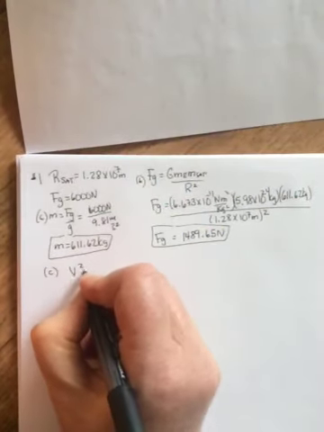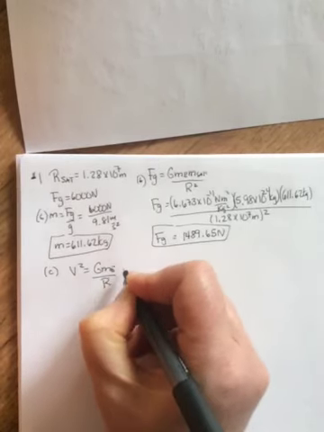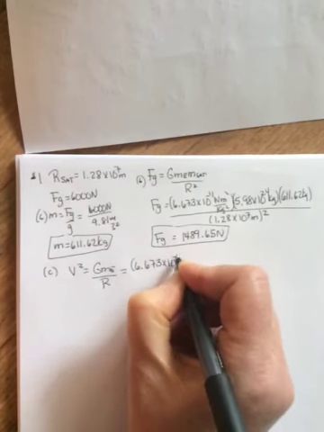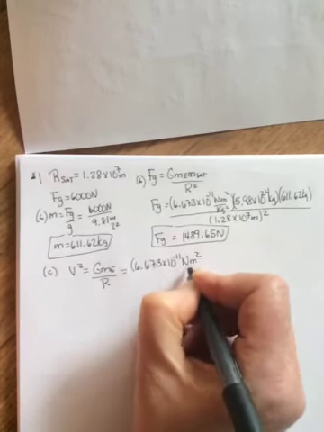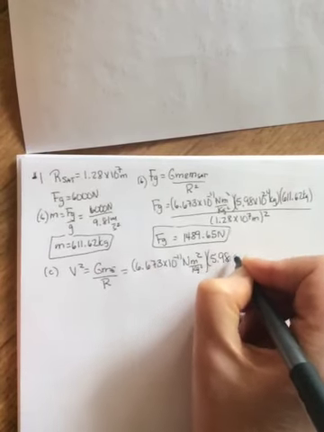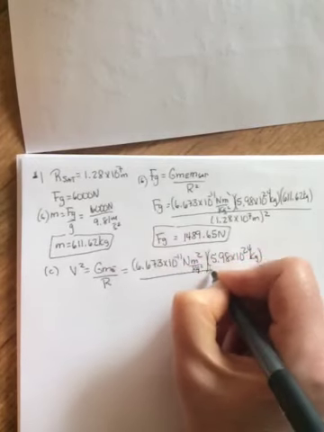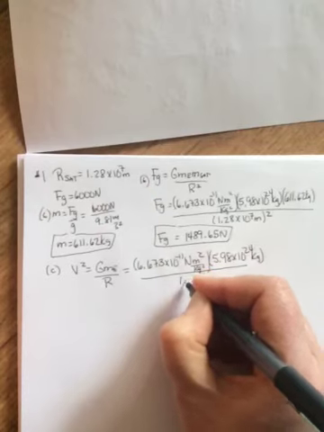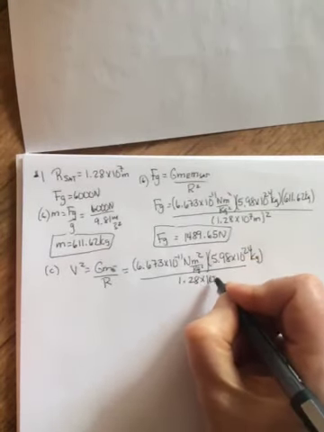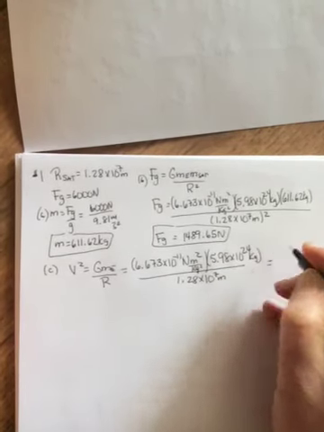So v squared is equal to g, mass of the Earth, over r. So 6.673 times 10 to the negative 11 newton meters squared per kilogram squared times 5.98 times 10 to the 24th kilograms, and the r was 1.28 times 10 to the 7th meters. And remember, that's going to be v squared.